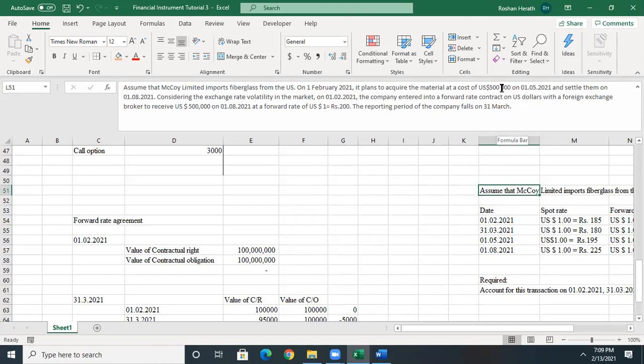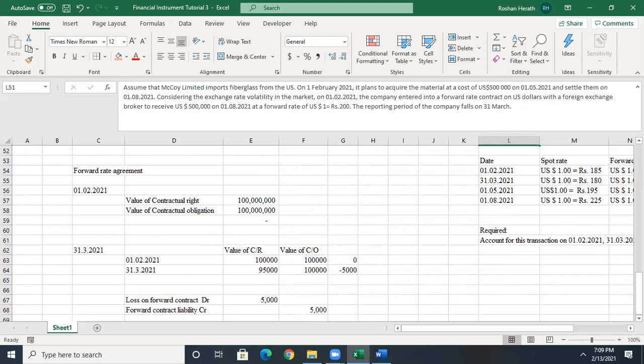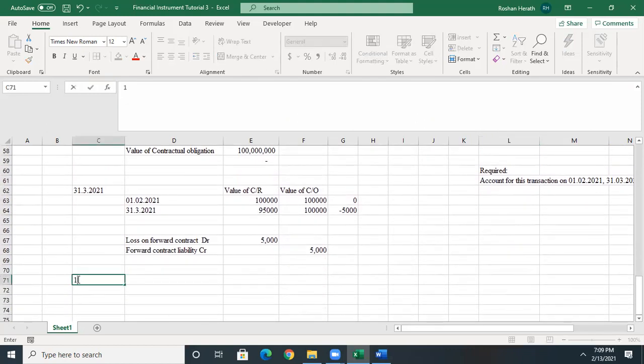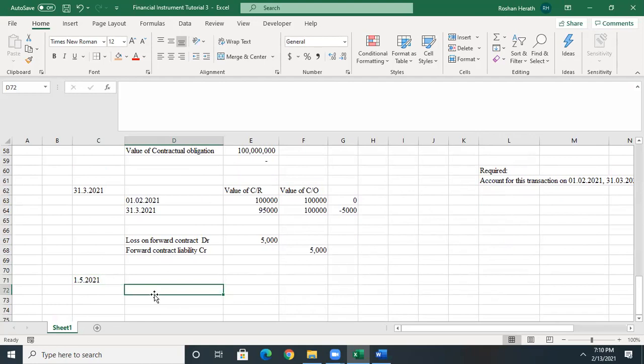Yes, you are acquiring the material at a cost of $500,000 on this date, but on credit terms. So let's account for that. On 1st of May 2021 you acquire the inventory, the fiberglass inventory.